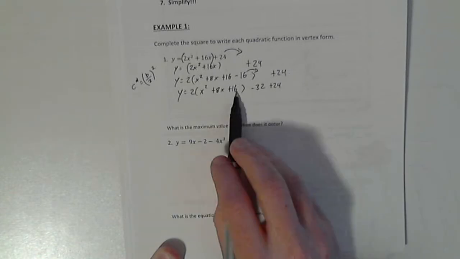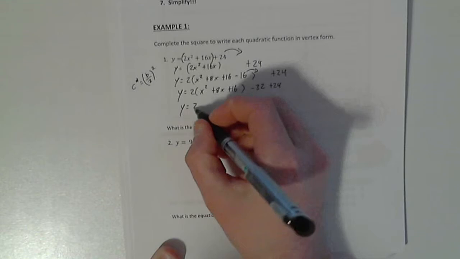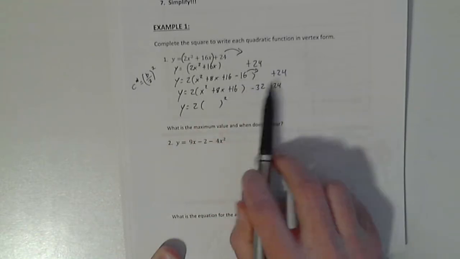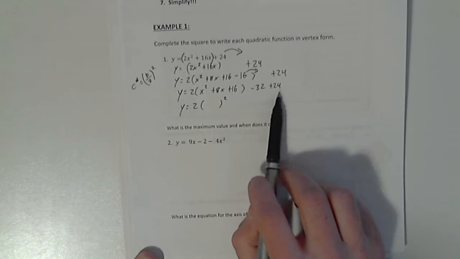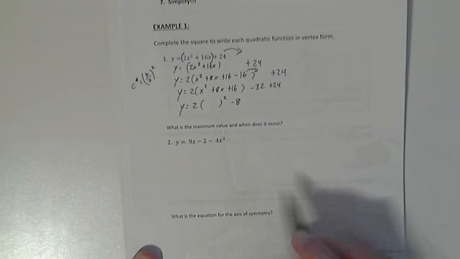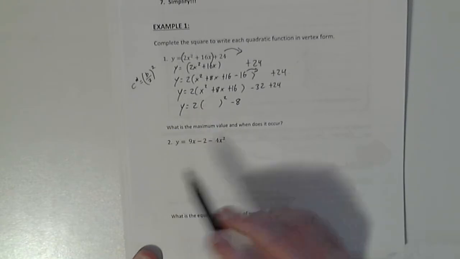So let's write that as a perfect square, and let's collect the like terms there. Perfect square means it's a single one squared. On the outside, it's going to be 24 minus 32, which is negative 8. And on the inside, it's going to be x plus 4.